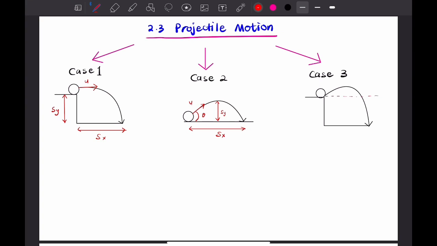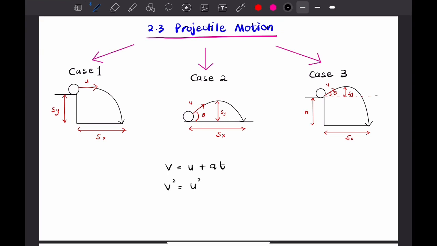And then for case 3, we have the same thing. We have the height of the stage, the horizontal displacement, the vertical displacement sy, the angle, and the initial velocity as well. Case 3 is a little bit complicated, but it's okay.